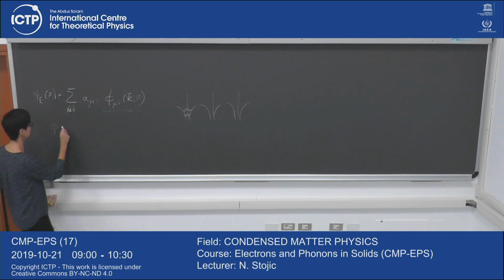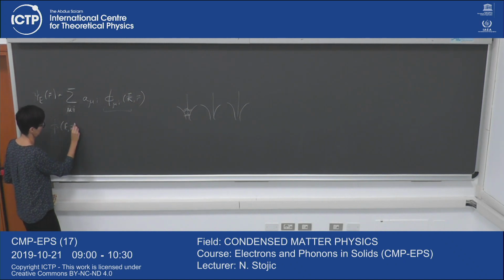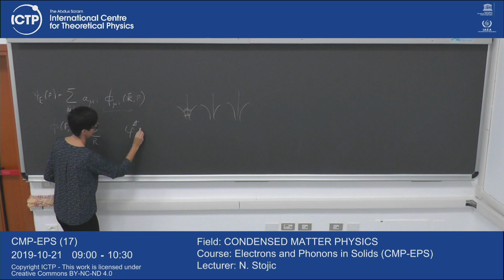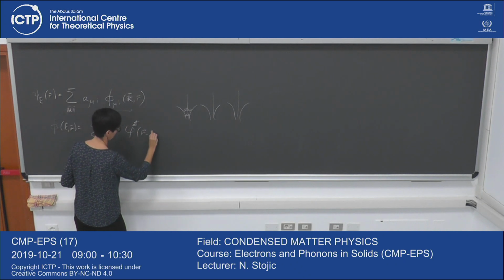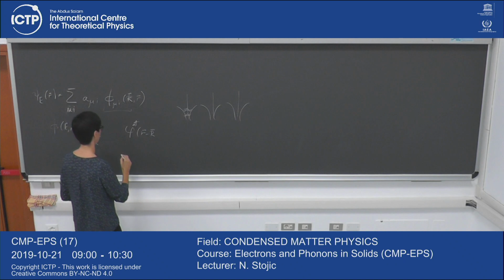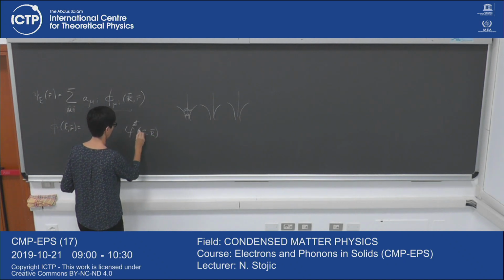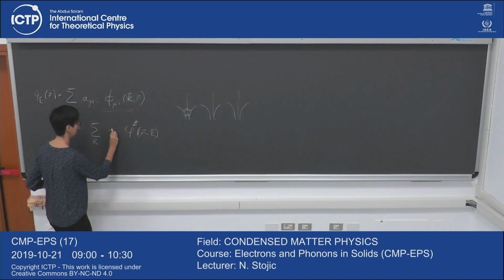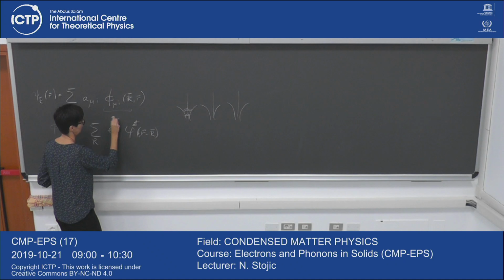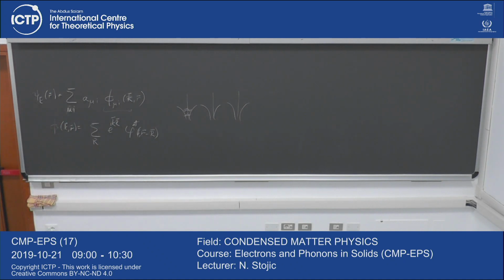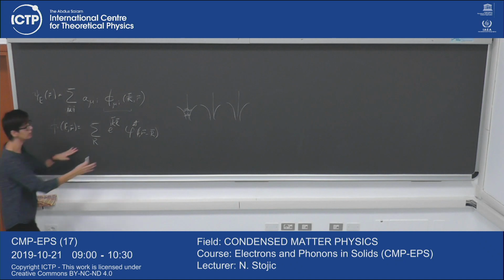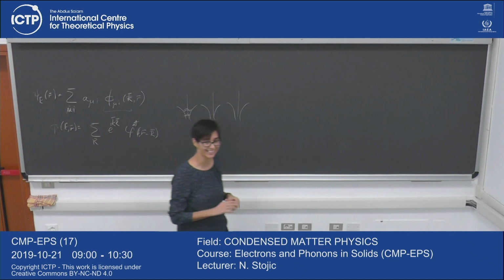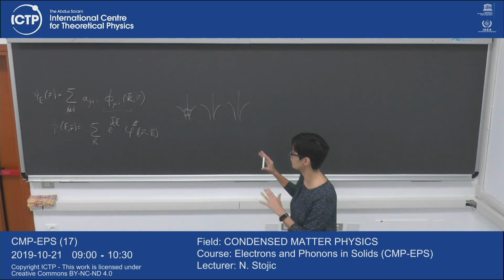If I had just the sum over all the R of the atomic functions, I would have something periodic, but not the Bloch functions. So I need e to the i k dot R to make sure I have the Bloch theorem satisfied. But only this sum is something periodic. That was in the exam and many people didn't answer it right.